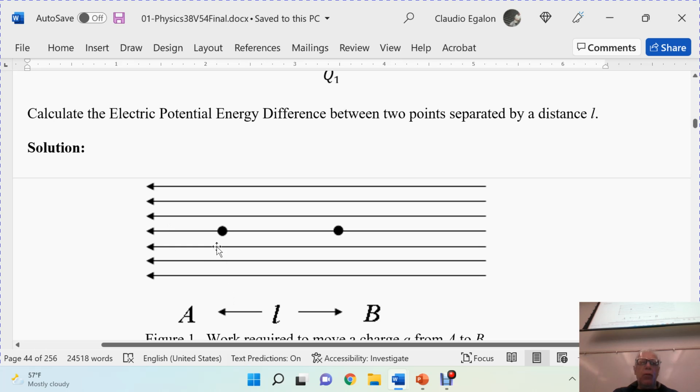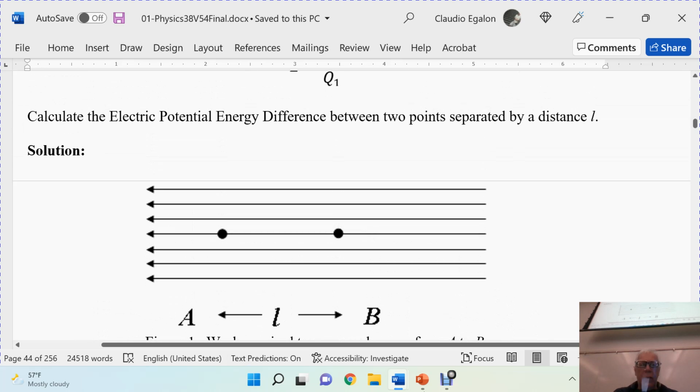So the particle is going from A to B. The field is to the left, the particle is going to the right. Okay. So how do we do that?